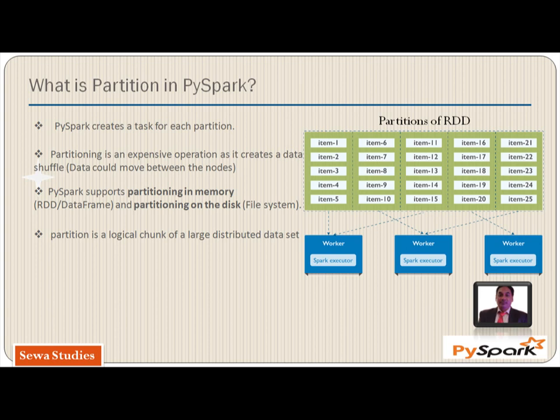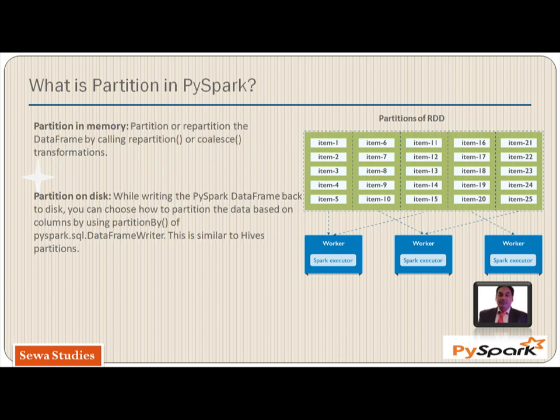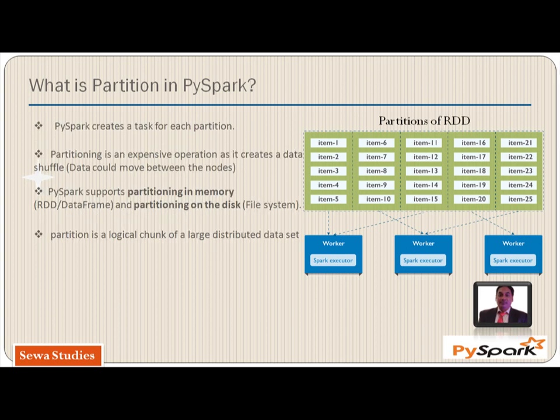PySpark supports two types of partitioning: partitioning in memory, for RDD and DataFrame, and partitioning on disk, for the file system. A partition is a logical chunk of a large distributed data set.